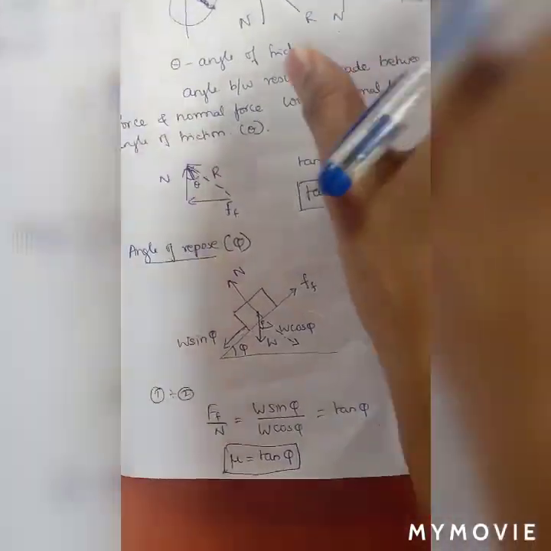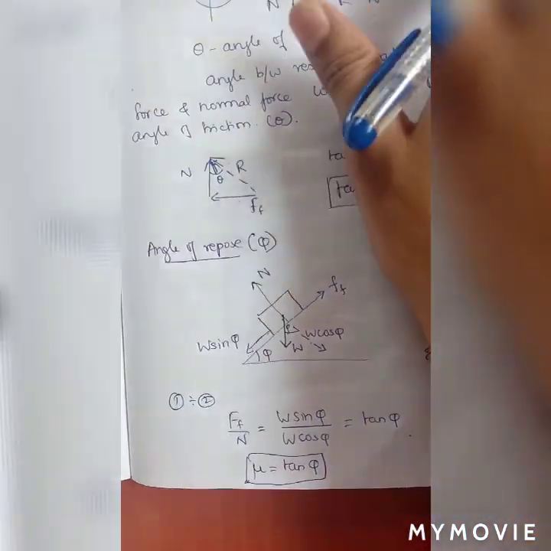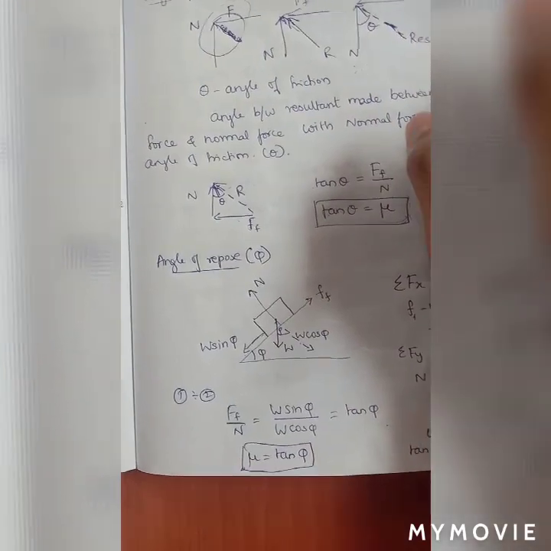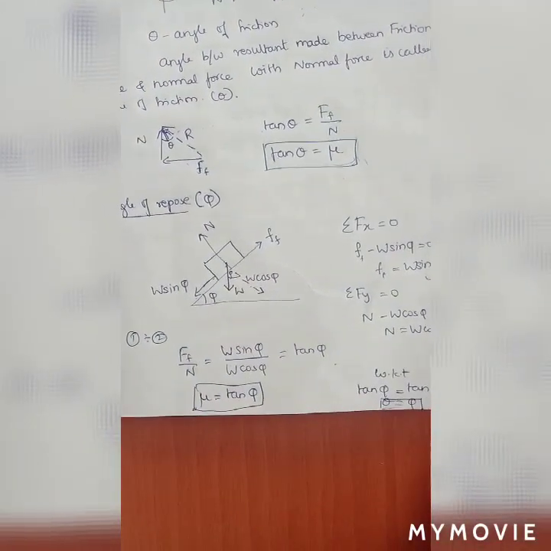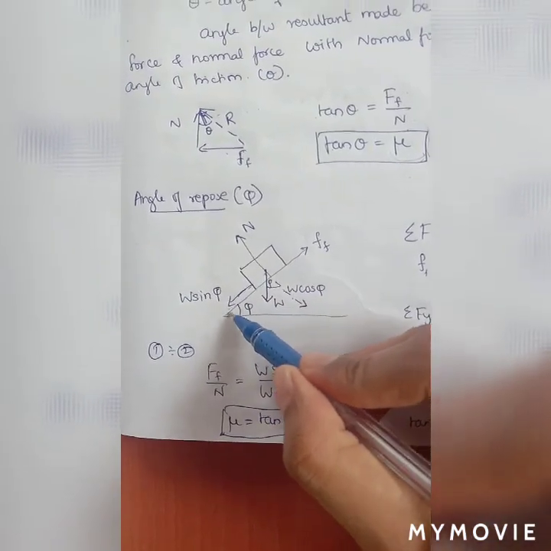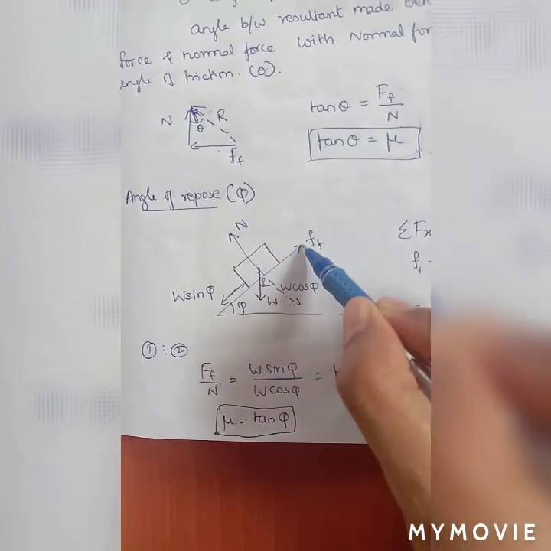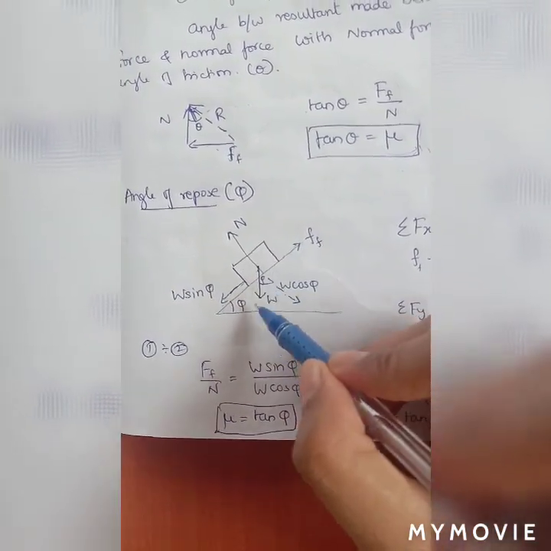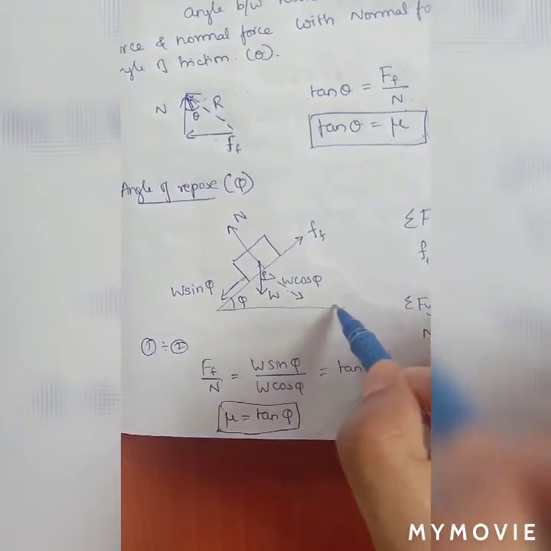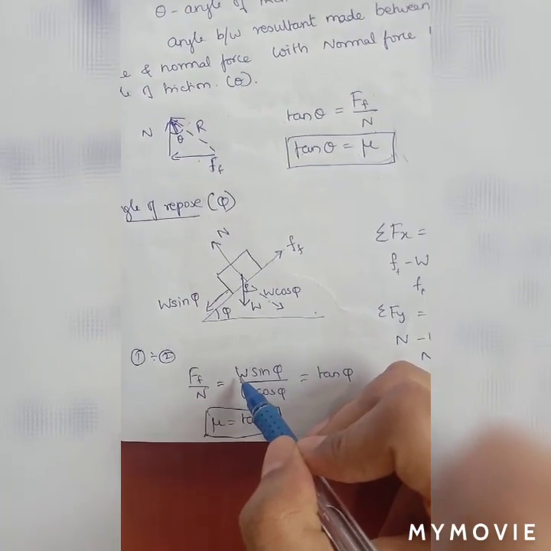In this case we are going to discuss an inclined plane or inclined surface above which your body is going to be placed. Are you able to imagine? See, this is the surface over which a body is placed, with the inclined plane making some angle with your horizontal line.